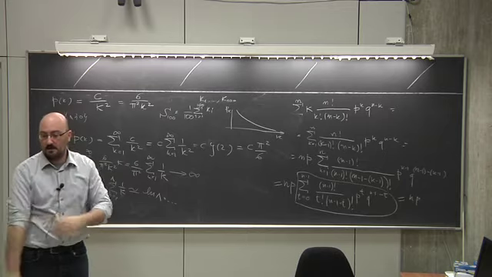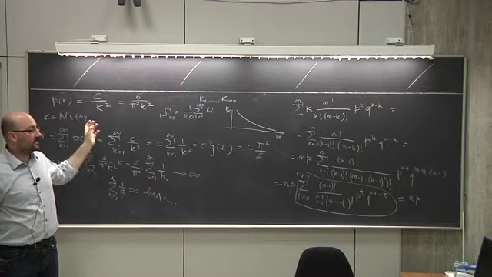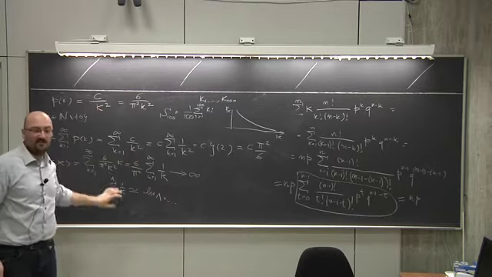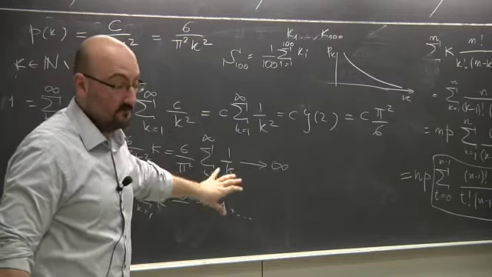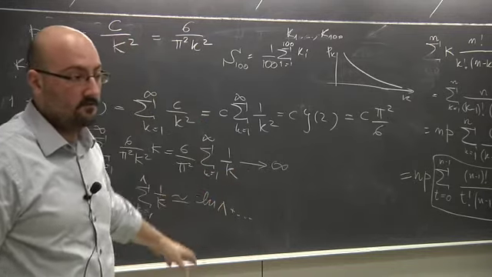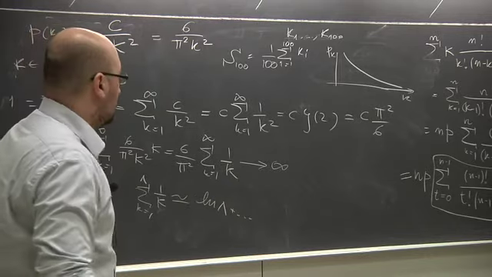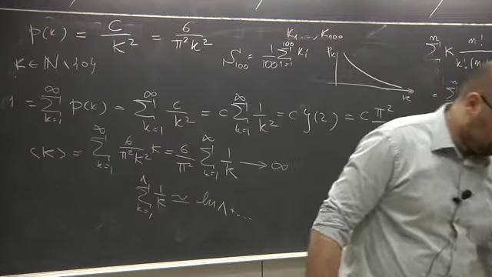This is the reason why these moments do not exist. So you don't have to be afraid of probability distributions which don't have moments. They actually have a very important meaning for some parts of statistical physics. So they exist. Okay.